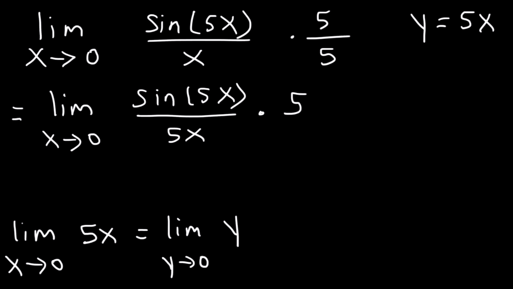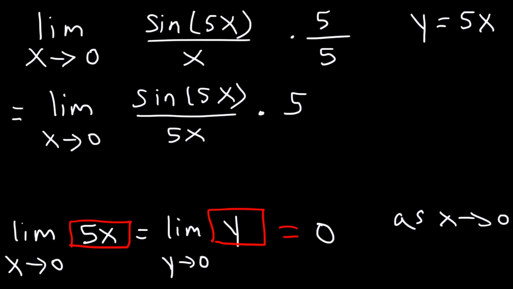Since y is equal to 5x, as x approaches 0, we know that this limit becomes 0, and this is also equal to 0. So therefore, they're equal to each other. As x approaches 0, 5x becomes 0.